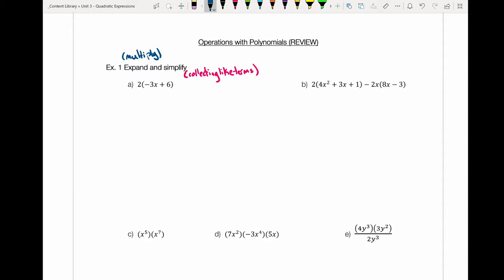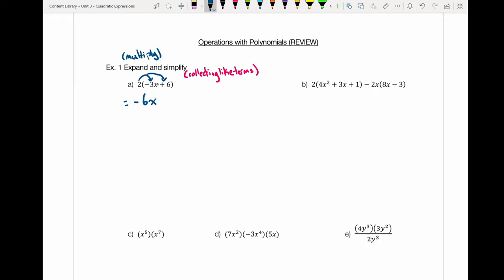For a, 2 times, and then in brackets, negative 3x plus 6. When we have something like this, where we have a multiplier out front or a coefficient in front of the bracket, that number gets multiplied to each term inside the bracket. So 2 times negative 3x is negative 6x.